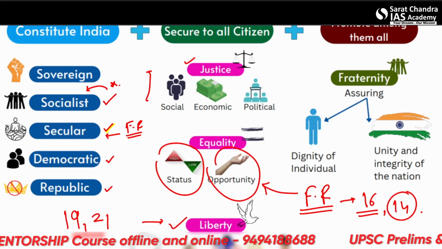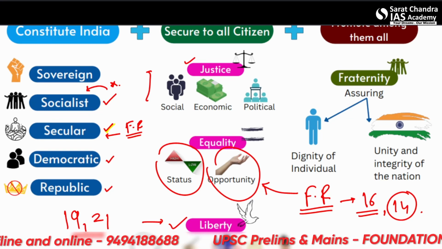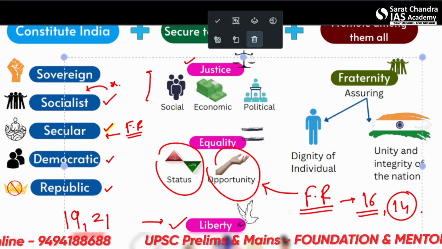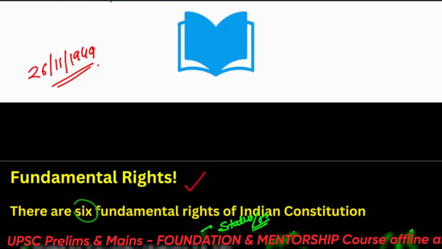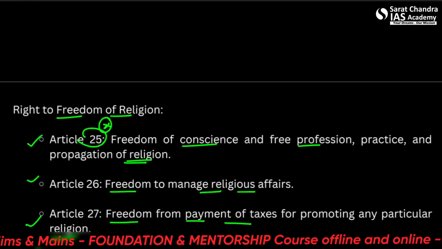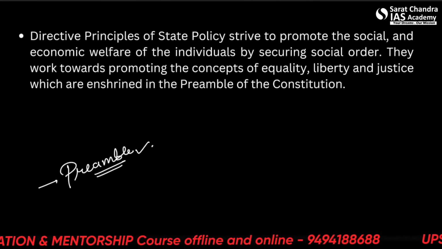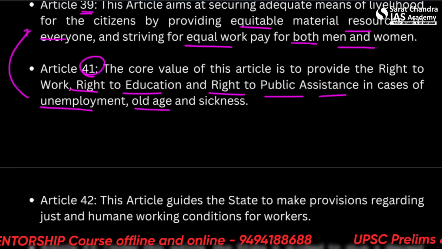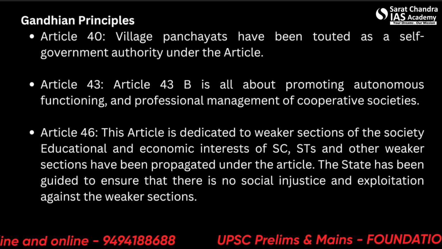You can basically say that the preamble is the basic idea of what India should be as a nation. And all these things, whether it is fundamental rights or DPSP or fundamental duties, are an evolution of how India should be as a country. Okay. So we talked about this.